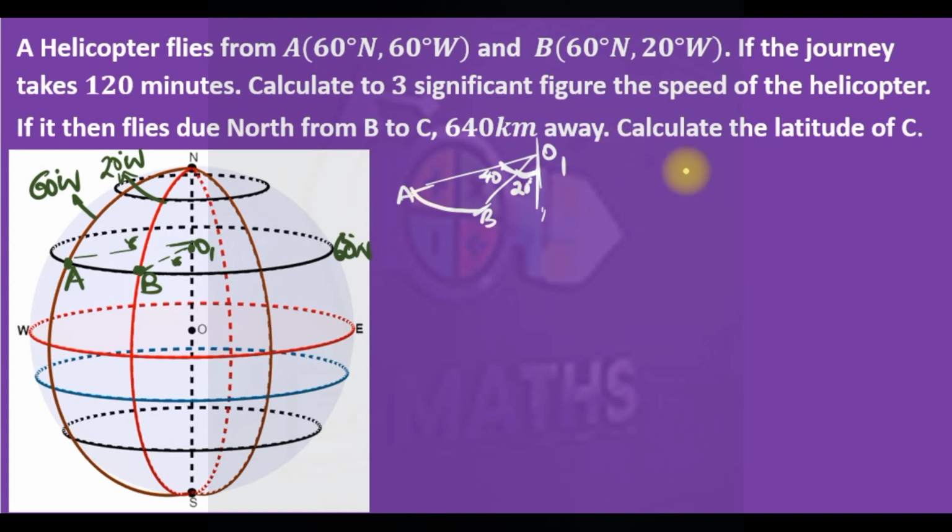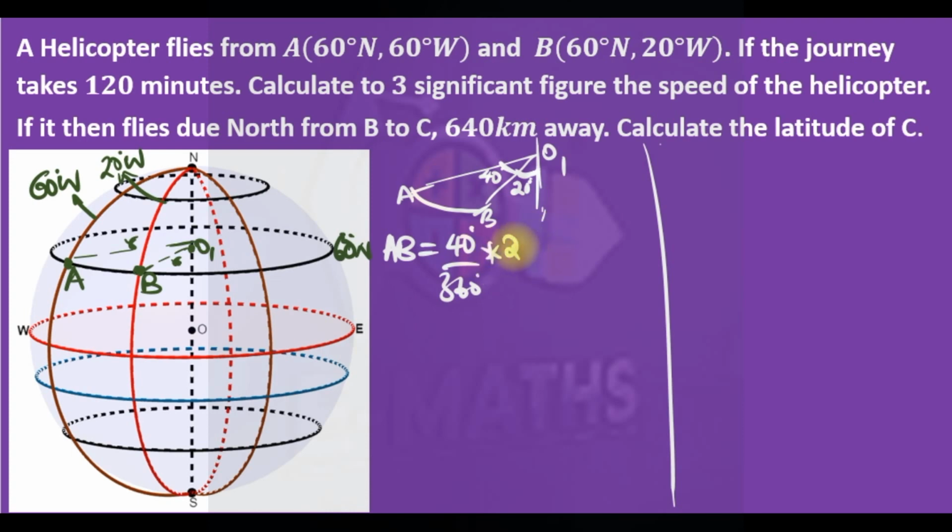So let's calculate AB. Let me draw a line. Using our length of arc formula, AB is theta, which is 40 over 360 times 2 pi r. Let me use pi as 22 over 7, and r is always big R, which is 6,400 cos the common latitude, which is 60.